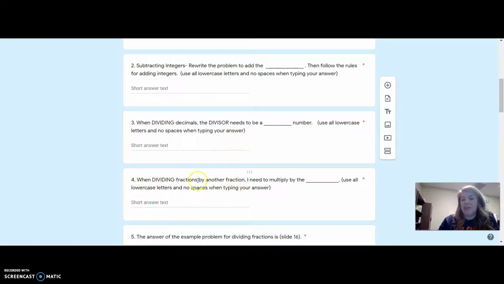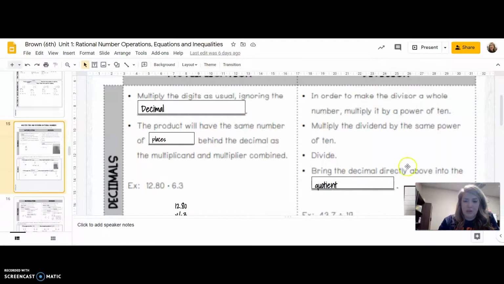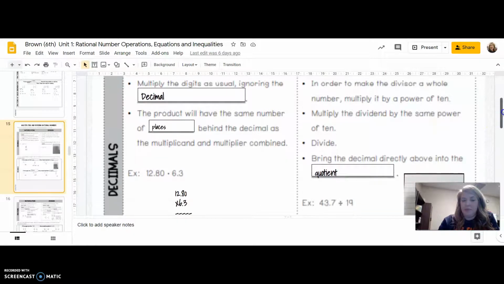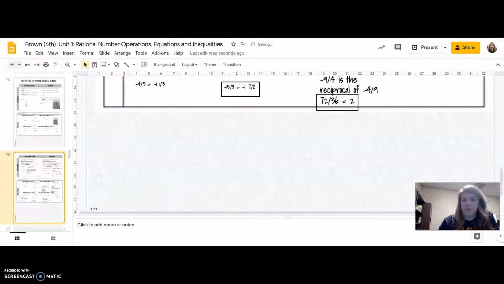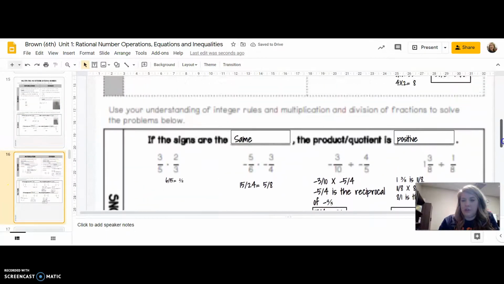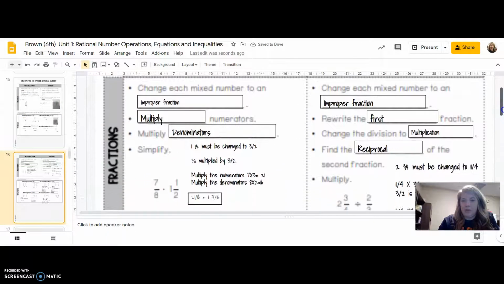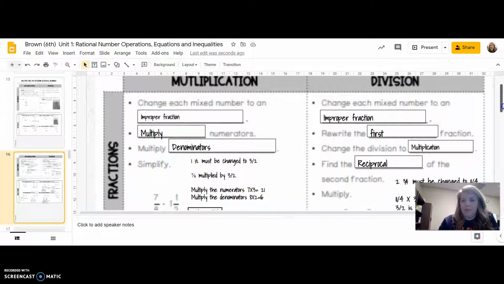When dividing fractions, number 4, when dividing fractions by another fraction, grapes, gravy, I need to multiply by the blank. Okay, so I'm going to go back to my notes. Here's dividing fractions. Okay.